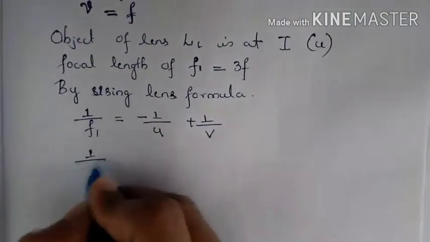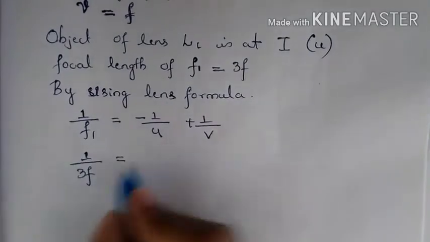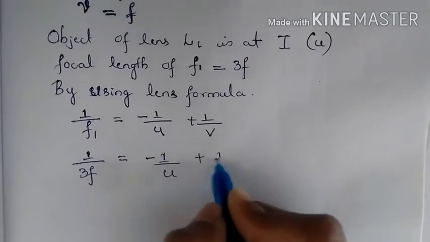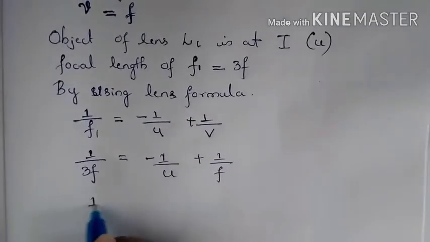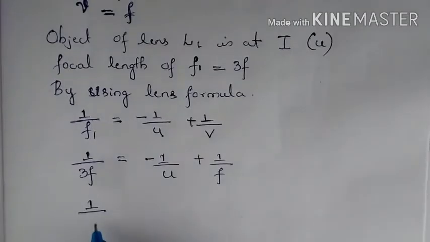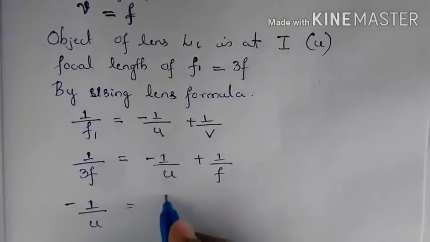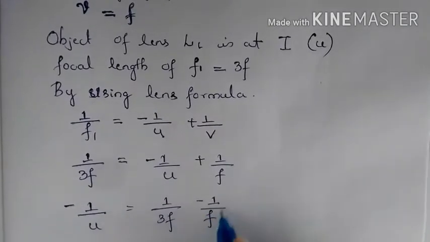So 1 by 3f, I am substituting the values. So 1 by 3f minus 1 by u plus 1 by f. So we need 1 by u, so minus 1 by u is equals to 1 by 3f minus 1 by f.